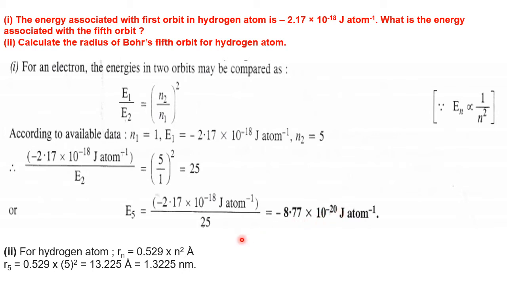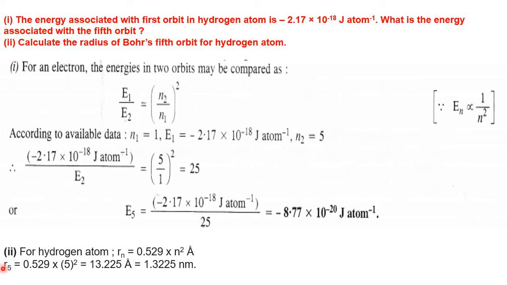The second question is, calculate the radius of Bohr's fifth orbit for hydrogen atom. The direct equation was given in our previous session where we were discussing Bohr's theory for hydrogen or hydrogen-like atoms. So Rn equal to 0.529 into n square angstrom.